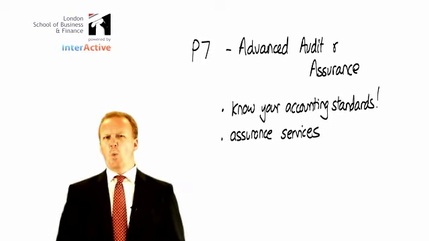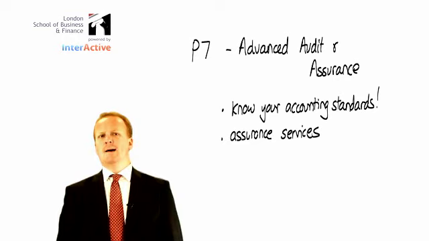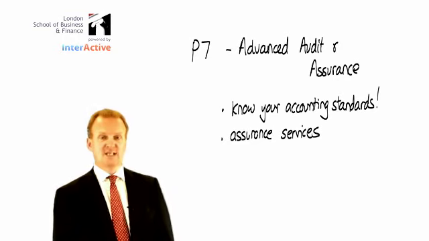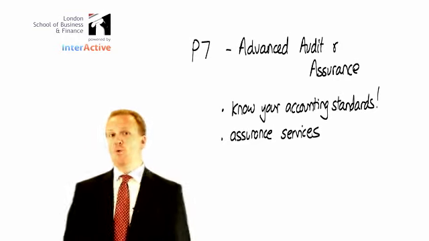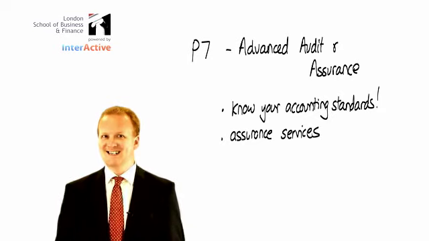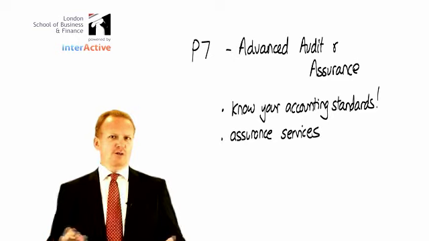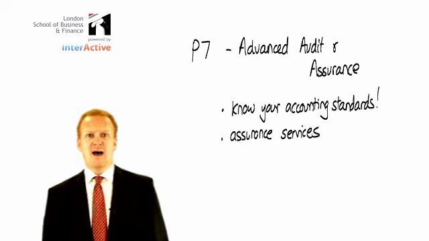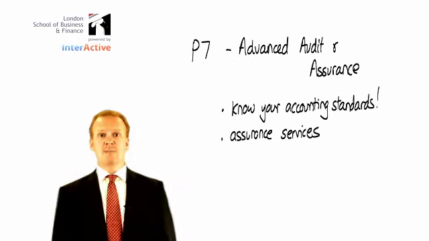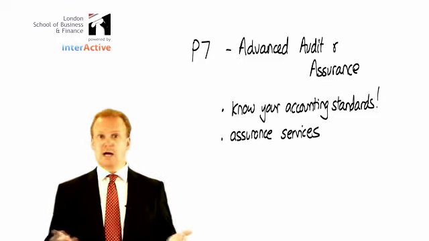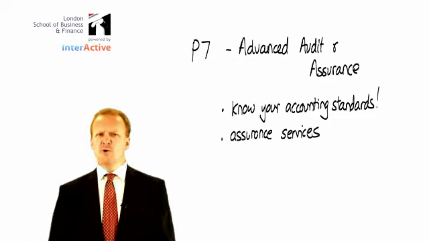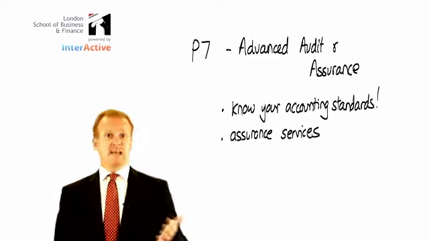Assurance services, what are they? Well, an assurance service is, strangely enough, any service where assurance is created. But you've probably worked that bit out already. What is assurance? Well, if you walk out of your house in the morning and your mother, father, husband, wife says, "You look good today," they're giving you assurance.